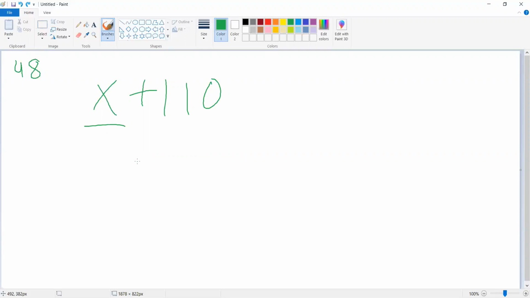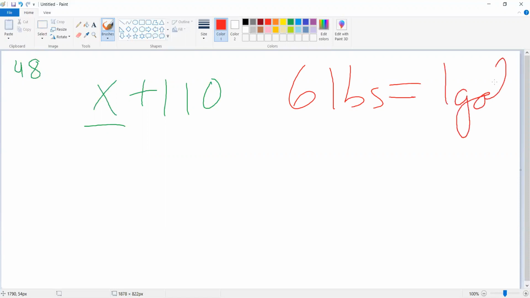So what is given, or what should be given, is we know that 6 pounds equals 1 gallon. So 1 gallon of fuel. So we need to remove 110 pounds of fuel. So how many gallons would that be? Well, we just have to divide to figure out what it is.